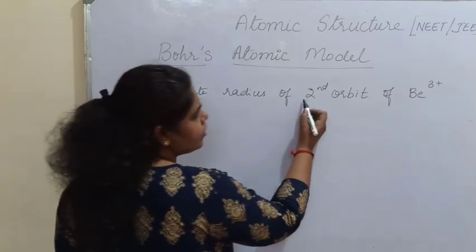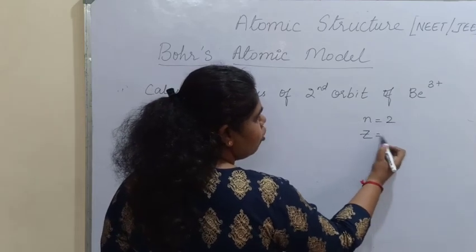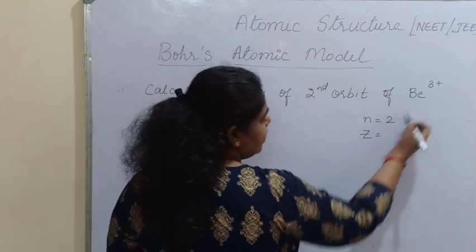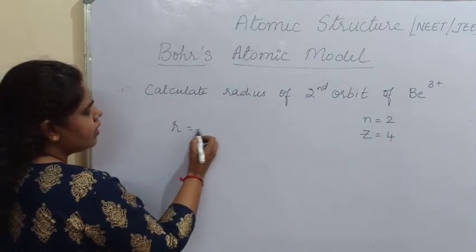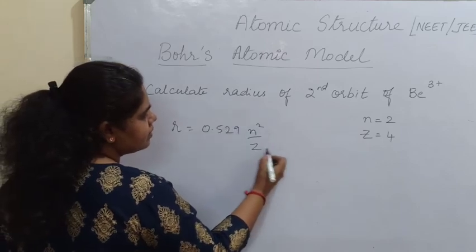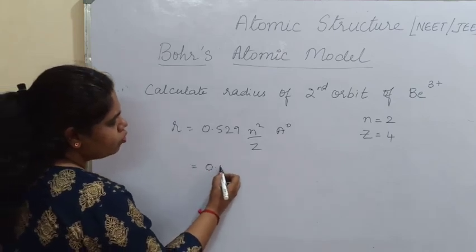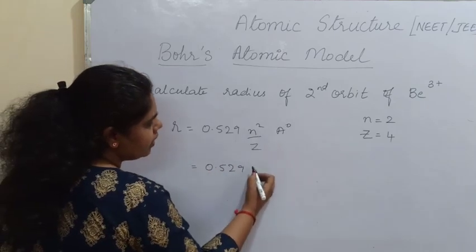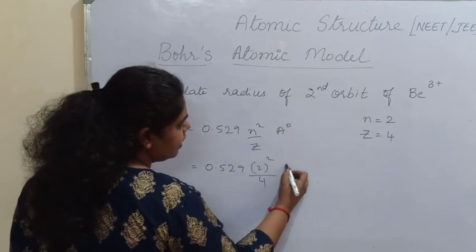Here they have asked for the second orbit, so n will be equal to 2, and Z is the atomic number. For Be the atomic number is 4. So write the formula r is equal to 0.529 n square by Z angstrom. Substitute in this: 0.529 into 2 square divided by Z, which is 4, angstrom.